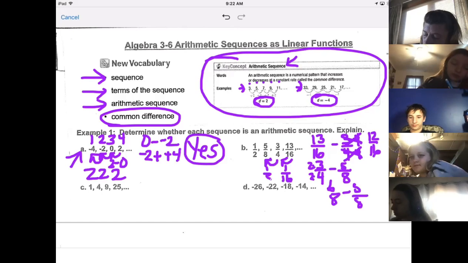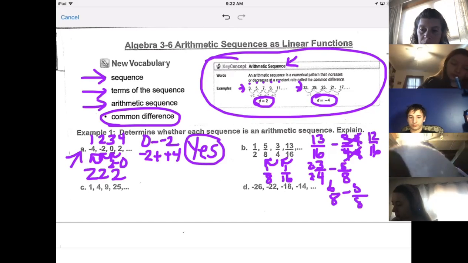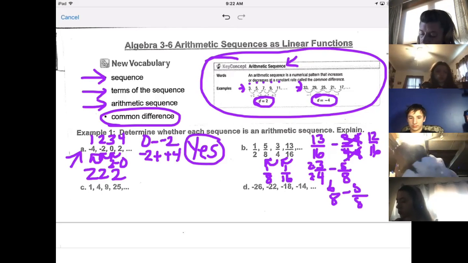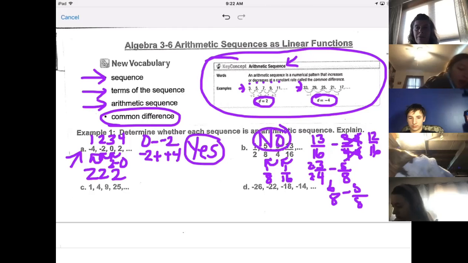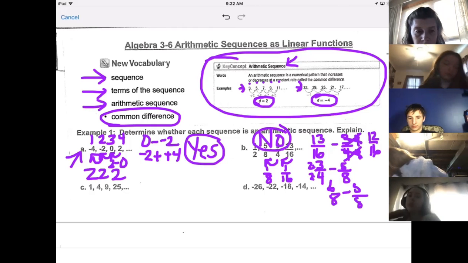Whoa, do I have to do any more? No. 1/16 and 1/8 are not the same. So this is a no-go. This is not an arithmetic sequence because we do not have the same exact value that makes one term jump to the next term.